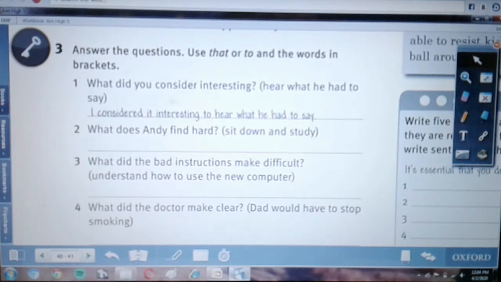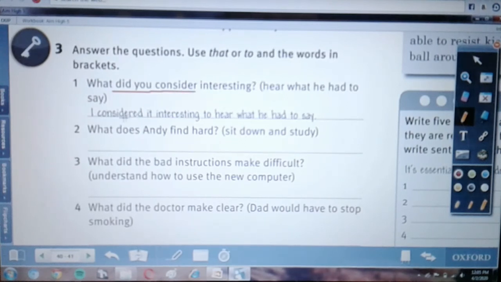So we answer this question by saying, I considered it interesting to hear what he had to say. We used considered here because this question is in the form of past tense. Did you consider? So you need to use verb to as the main verb.